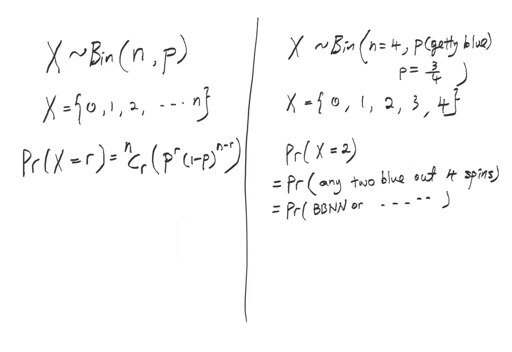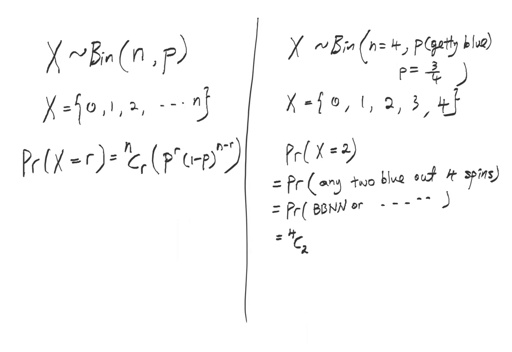So now we apply the formula. How to apply the formula? Follow. n is 4. 4C2 tells you the number of possible outcomes. You have to know because in a final exam, they can ask you, what do you mean by 4C2 here? 4C2 means the number of ways to get 2 blues out of 4 spins.